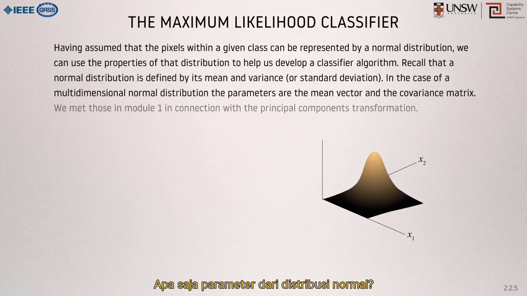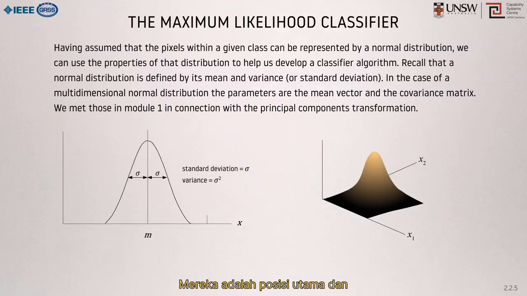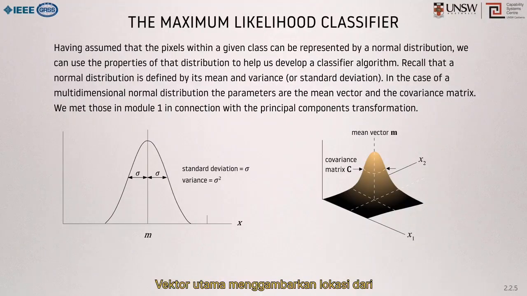What are the parameters of a normal distribution? They are the mean position and standard deviation in one dimension. Generalizing to multiple dimensions, the parameters are the mean vector and the covariance matrix. The mean vector describes the location of the density maximum, or the center of the spectral class, in the spectral space, and the covariance matrix describes the spread in pixel density about the mean position.